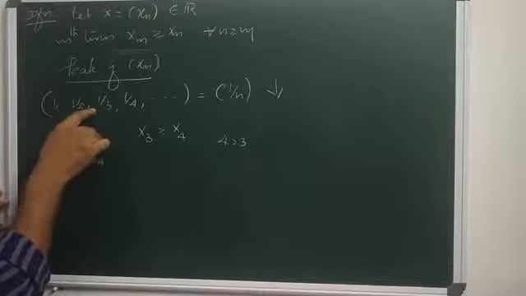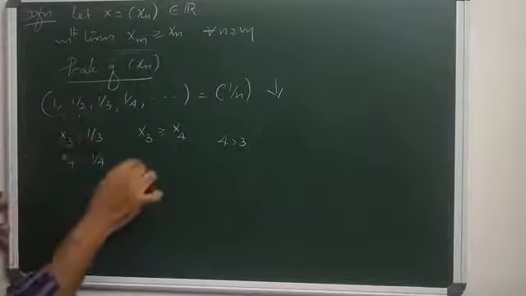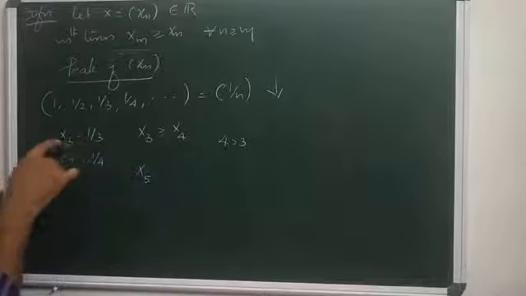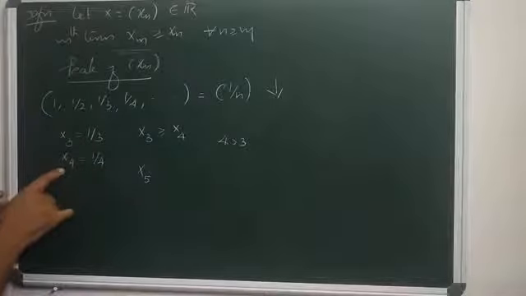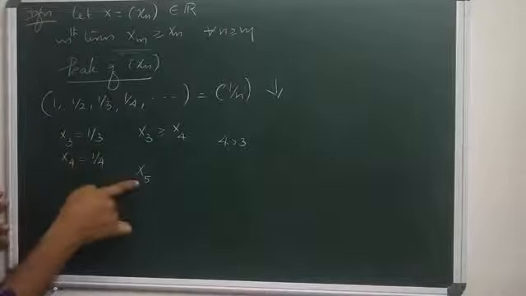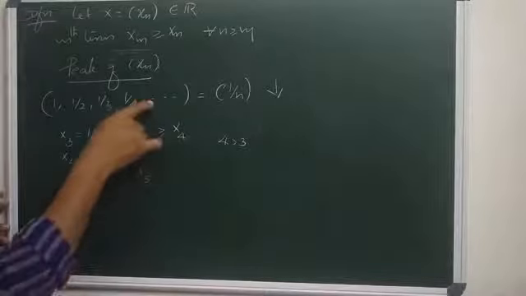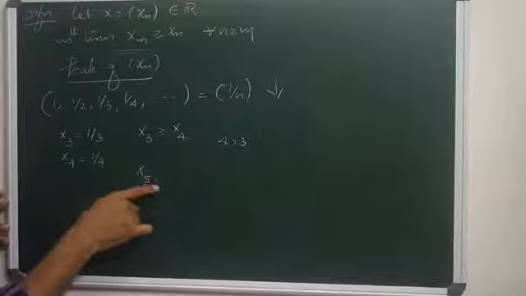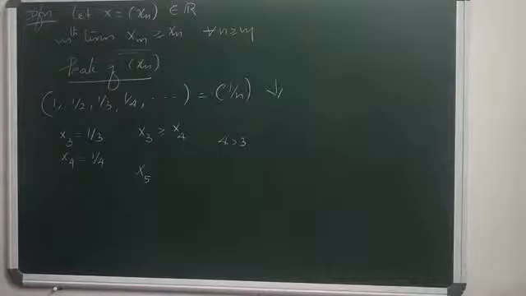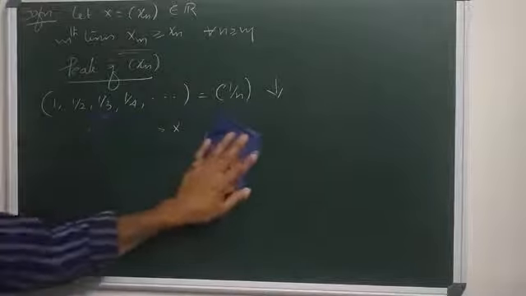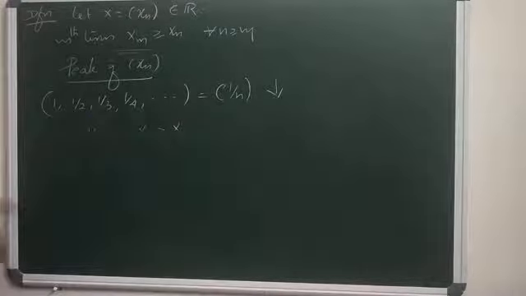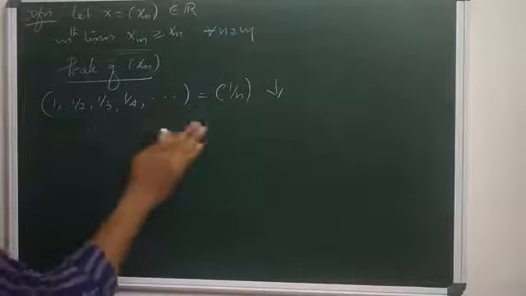Again, you can find x5. So x3 is a peak. If you compare x4 with x5, x4 is a peak. If you compare x5 with the sixth term, x5 is a peak. And so on. So we know that in a decreasing sequence, every term is a peak.